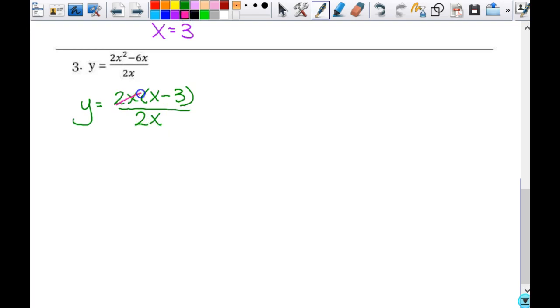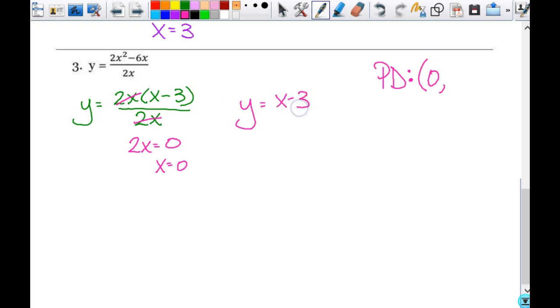We're going to be able to cancel those out, which means I set 2x equal to 0. So x equals 0. So my point discontinuity is going to be at 0 something. And then when I get my y equals x minus 3, when I plug in 0, what am I going to get?